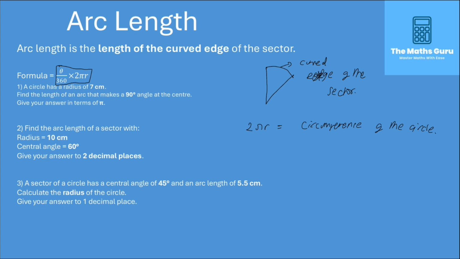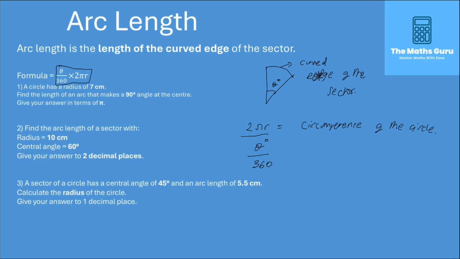The first part of our formula says theta over 360. If the whole circle is made up of 360 degrees, theta is the central angle here. So we plug in our central angle times the circumference, which is a representation of the arc length.